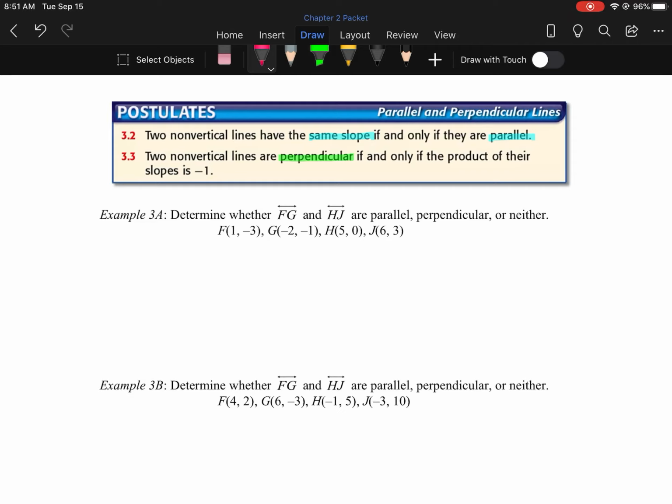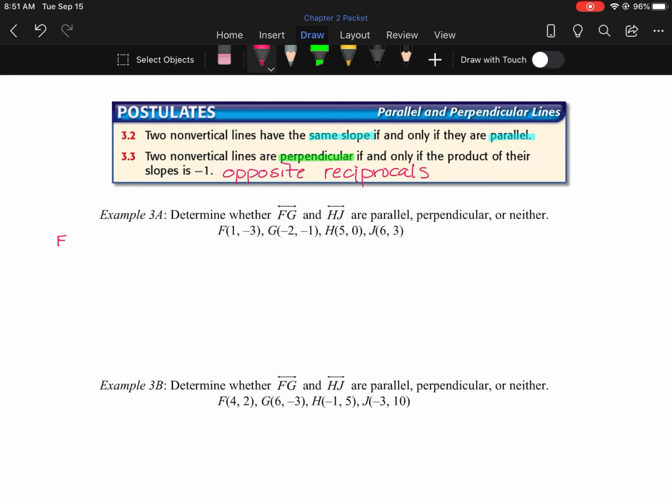So we say that is opposite reciprocals. All right, so opposite means if it's positive, it becomes negative, and vice versa. Reciprocal pretty much means we flip our fraction.